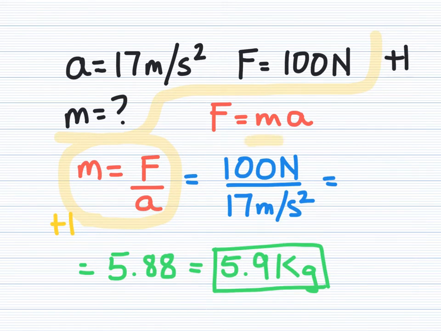Then I'd like you to show me that you're plugging in the numbers correctly. 100 newtons of force and 17 meters per second squared for your acceleration. There's another point. And lastly, you're going to give me an answer boxed in with units, and that is worth 2 points. Total of 5. 1 plus 1 plus 1 plus 2 equals 5.